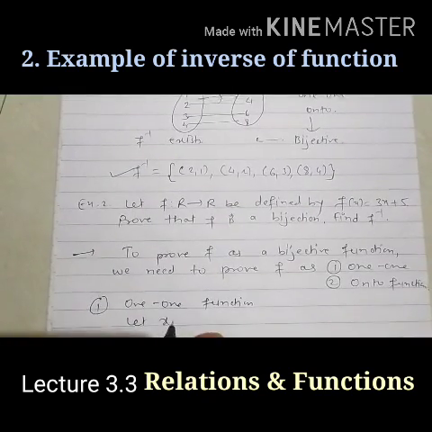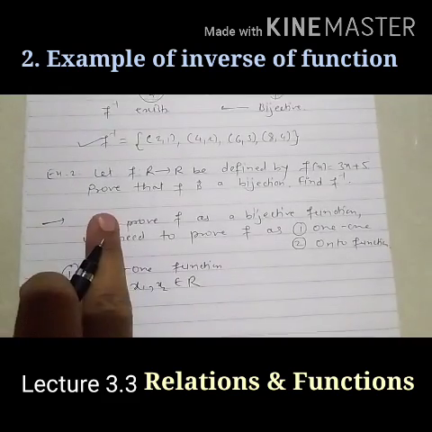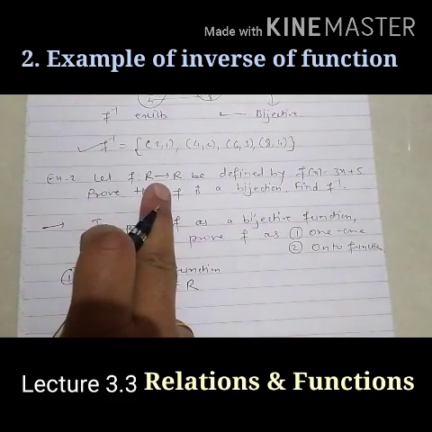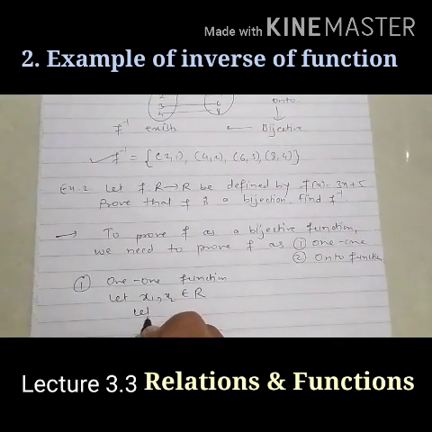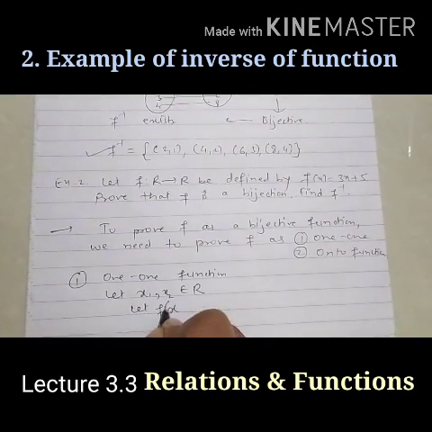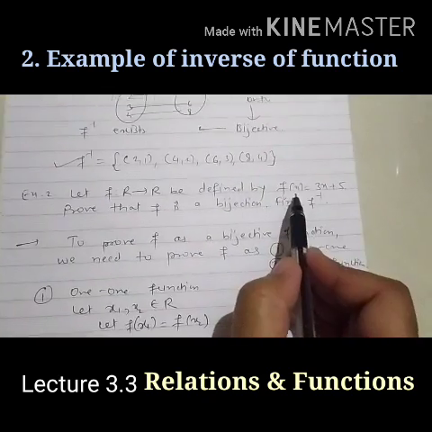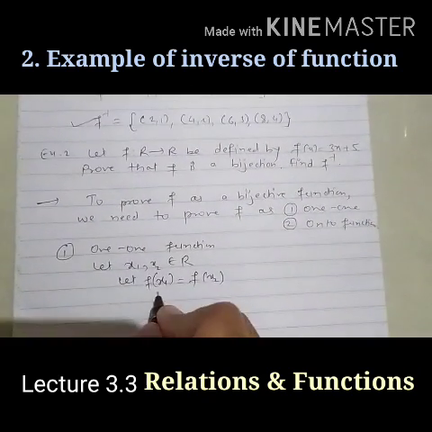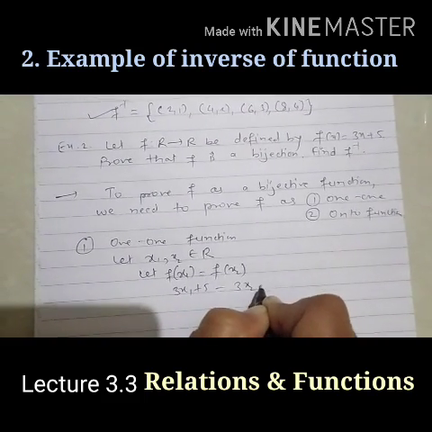Let x1, x2 belong to the domain set R. f is defined over the set of real numbers, so we can take x1, x2 belonging to R. Let f of x1 equal f of x2. So what is the function? 3x plus 5. So it will be 3x1 plus 5 equals 3x2 plus 5.